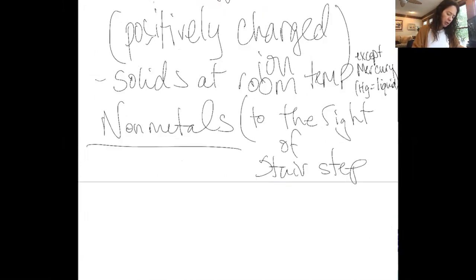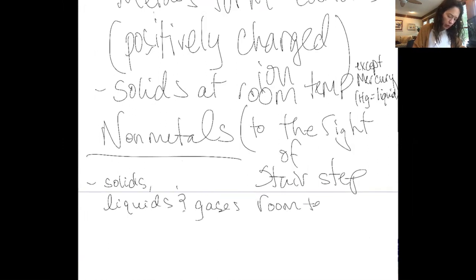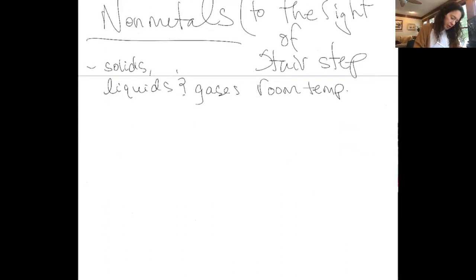All right, you have nonmetals. These are solids, liquids, and gases at room temp, and we will get more into why and what determines that. Nonmetals, let's see, group 7A are your halogens.